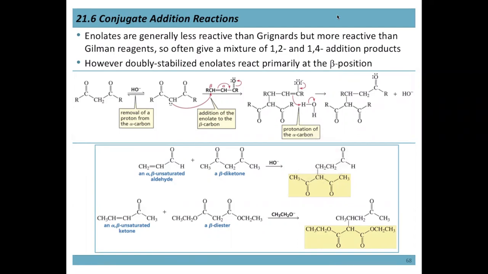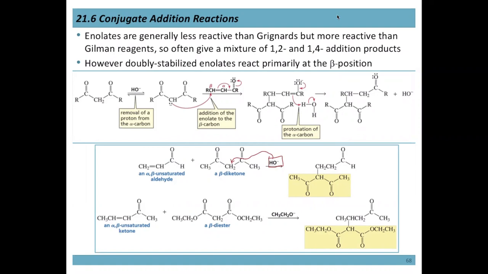So we're back to talking about enolates adding to alpha beta unsaturated carbonyls. I believe I was talking about the base that you use. Notice here, they're using sodium hydroxide. That's not an issue with this molecule because the only acidic protons and site of reactivity is that alpha position.